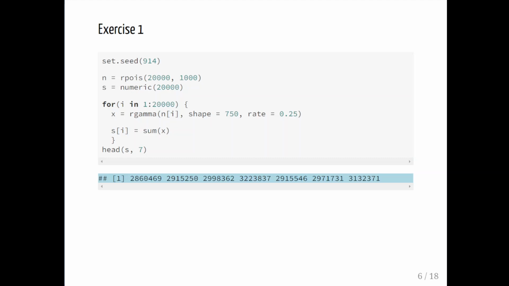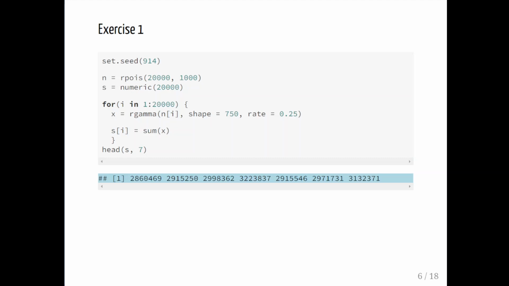We run through this experiment 20,000 times using a for loop, where i is the index. The first part here is rgamma with n[i], which extracts the total number of claims for that iteration, the number of values to simulate.